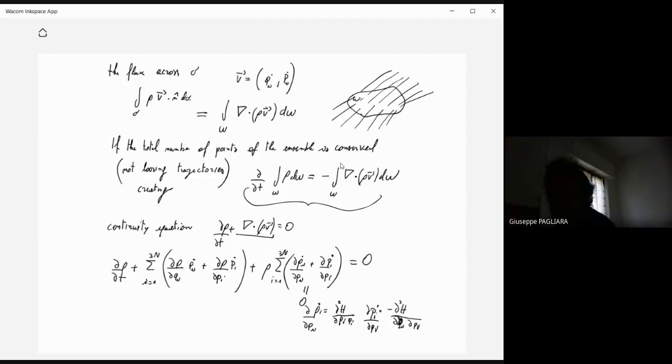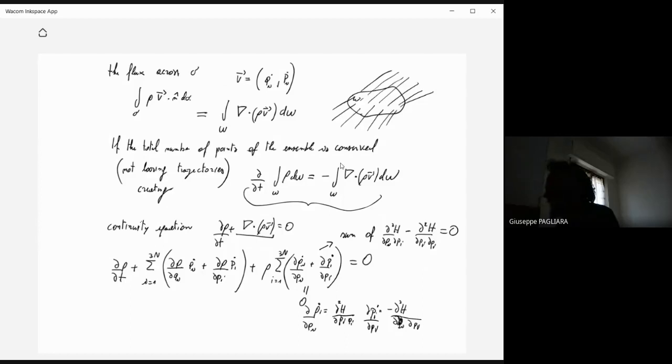What I have in the bracket is just the sum of the second derivative of h with respect to qi and pi minus the second derivative of h with respect to pi and qi, which is of course 0.